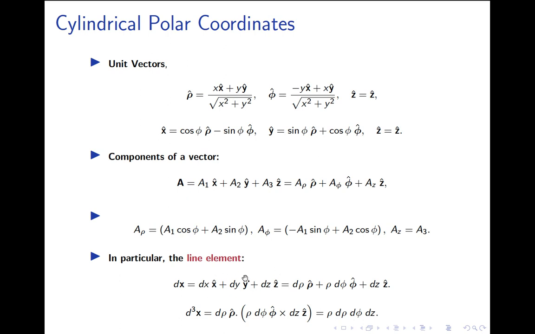And if you do all that, what you find is that in cylindrical coordinates, the same line element, joining two points given by rho, phi, z and rho plus d rho, phi plus d phi, and z plus dz, is given by this expression. Okay, so it's d rho rho hat plus rho d phi phi hat plus dz z hat.